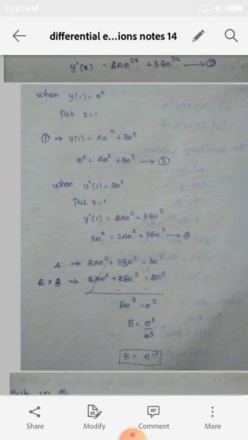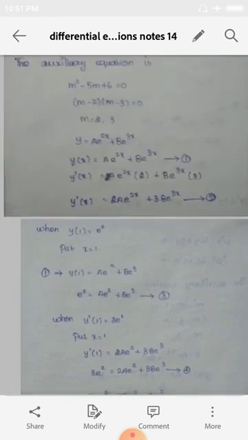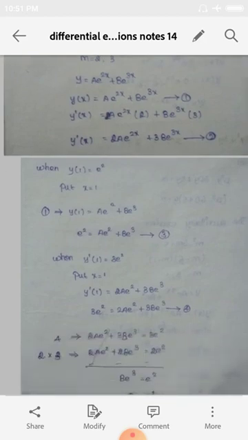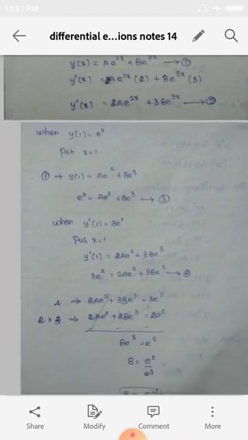And next, what condition is given? y dash of 1 is equal to 3 into e power 2. So put x is equal to 1 in y dash of x, the second equation. So y dash of 1 is equal to 2 into a e power 2 plus 3 into b e power 3.